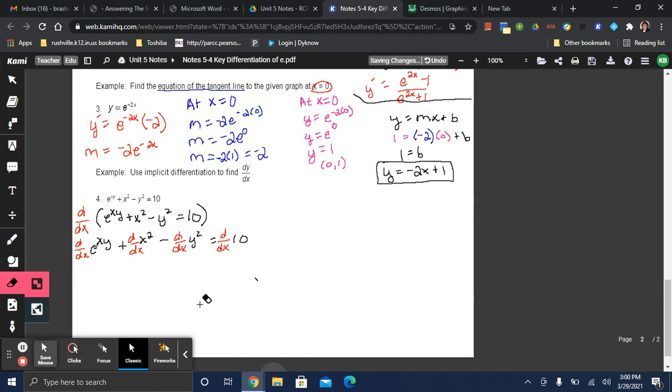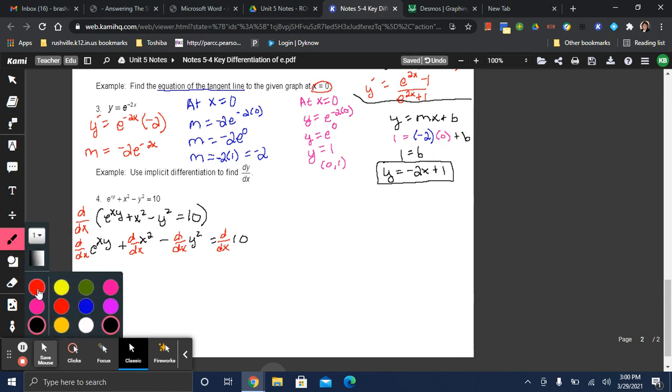So the first derivative that we have to do involves a product. So as we are doing the derivative of this exponent, we'll need to remember that we have a product rule. So the derivative of e to the xy is itself, e to the xy, times, and then a product rule. So it's first times the derivative of the y. Well, that would be 1 and then dy dx because it's a y.